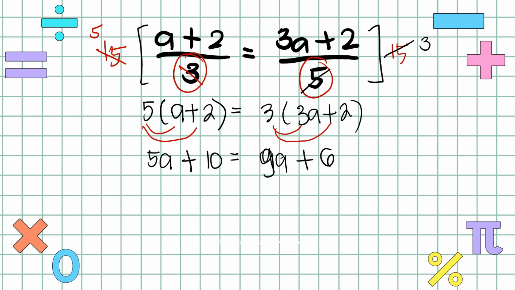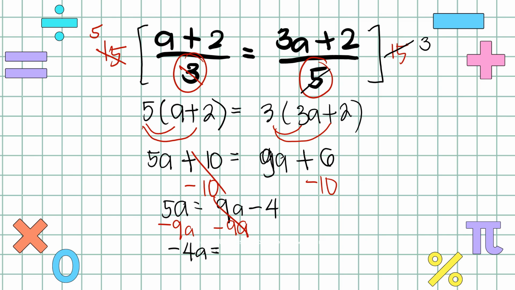Now next, let's remove the 10 here. And we'll have 5a is equal to 9a, and positive 6 plus negative 10 is negative 4. And let's remove the 9a here. So this will be cancelled, and we'll have negative 4a here because 5 plus negative 9 is negative 4.